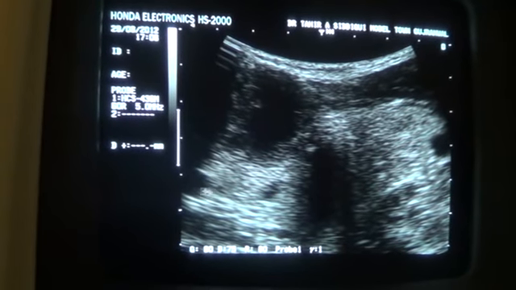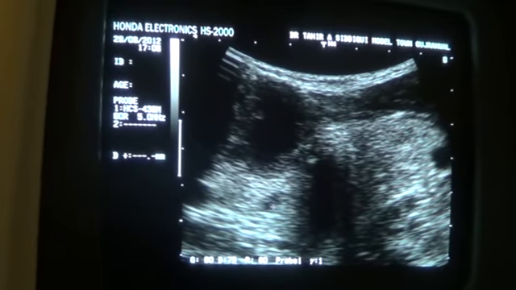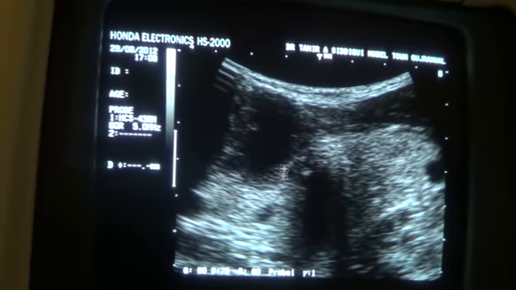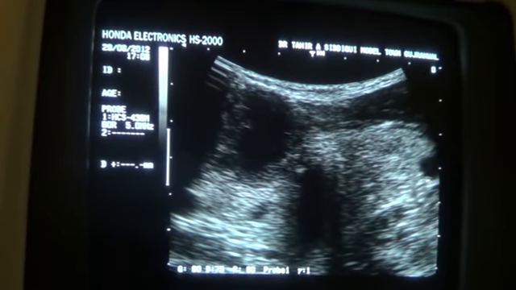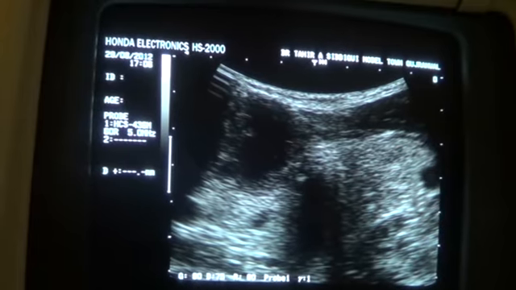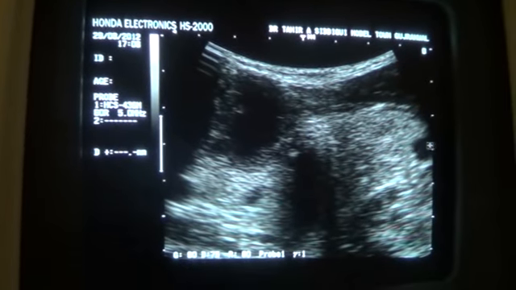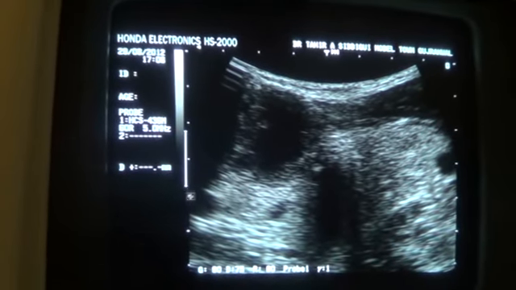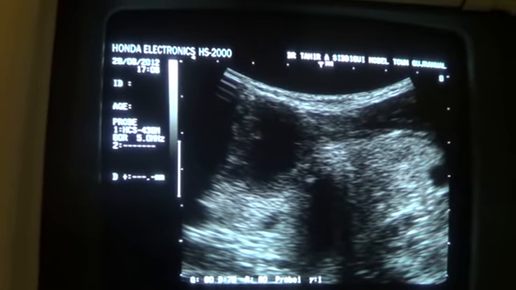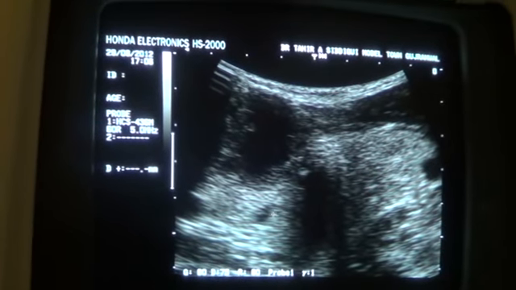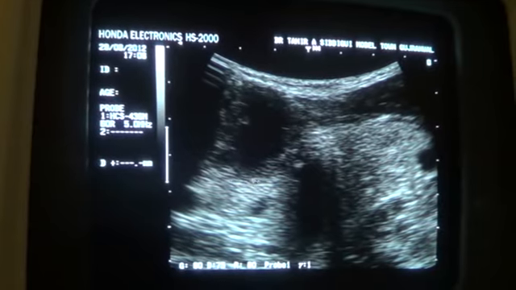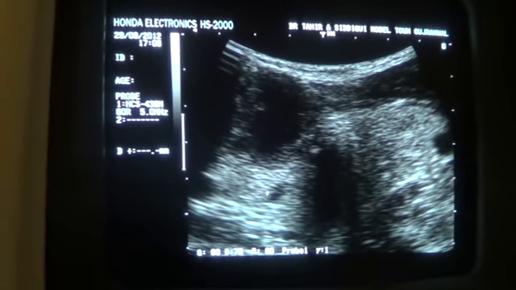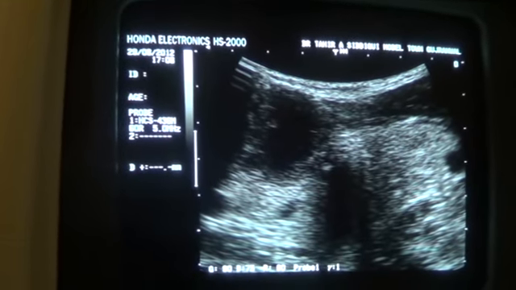This is the common carotid artery. This is the parathyroid gland, and this is the cyst, and this is the common carotid artery. Here we are seeing two common carotid arteries. This is the left one, this is the right one. This is in transverse section. This is also in transverse section, and see the little posterior wall enhancement behind the cystic area.